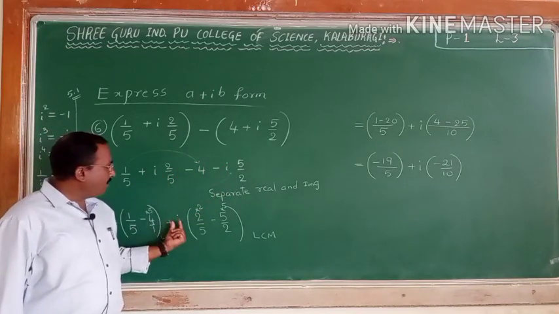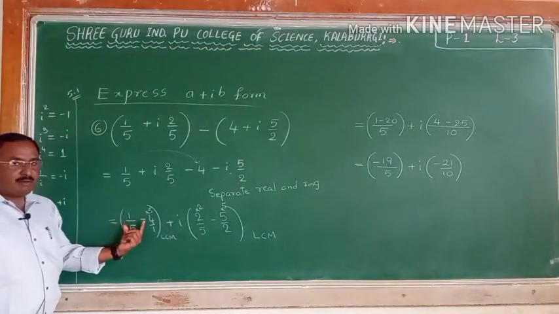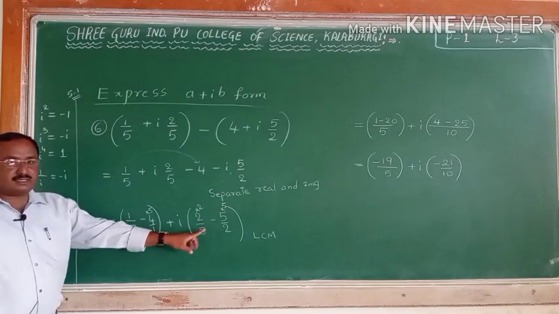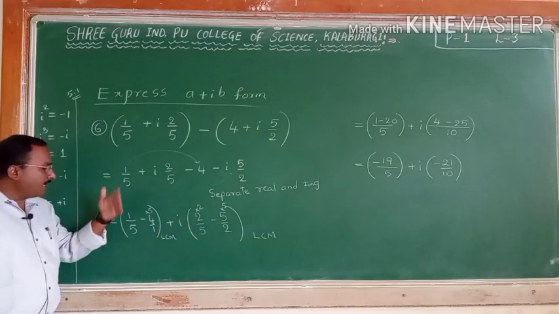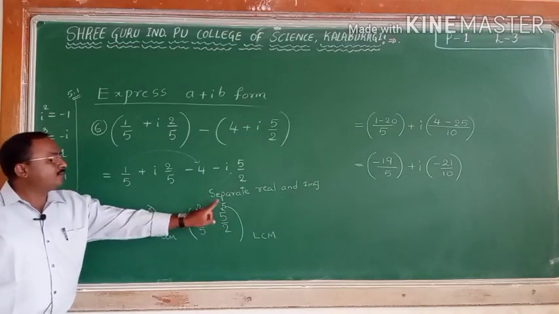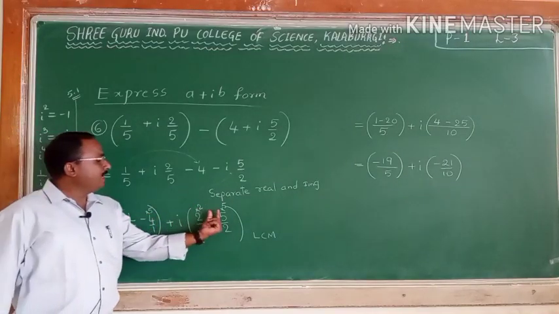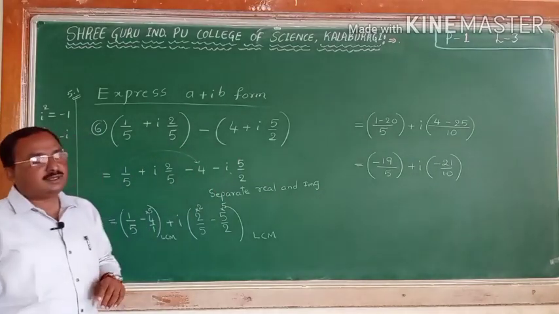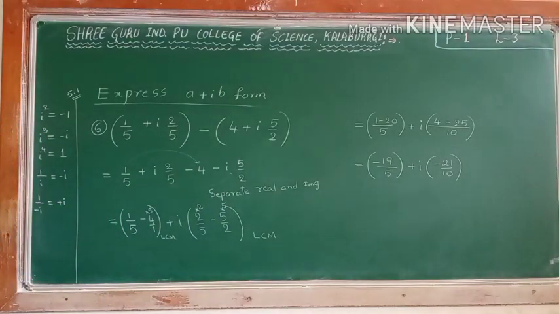I taking common. Apply LCM form. Here LCM is 5, here LCM is 10. Convert LCM form, 5 2 is a 10, 2 5 is a 10. 1 minus 20, 4 minus 25. Denominator as usual. A plus IB form. Understood?